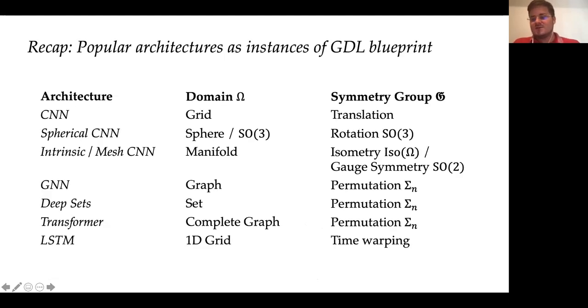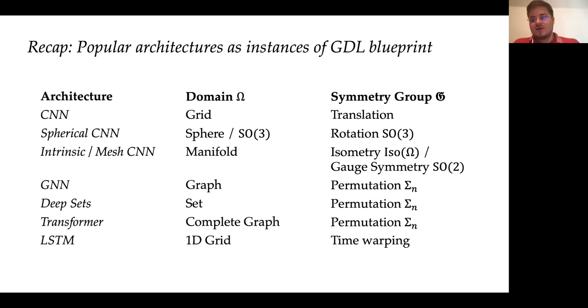And one specific thing you might have seen is that now with this blueprint in hand and with the right choice of a domain to run over and a symmetry group to use, you can actually rederive all of the popular architectures such as CNNs, DeepSets, transformers, LSTMs, graph neural nets, but also you gain access to a wealth of information about all of these neural network architectures that lie in the middle, such as spherical convolutions or mesh convolutions that we will be talking about in more detail as we proceed with the course.